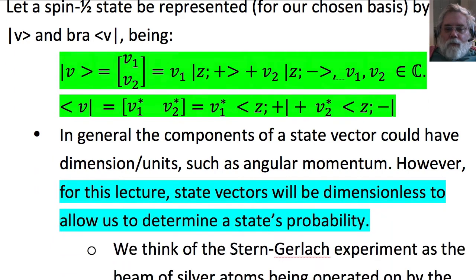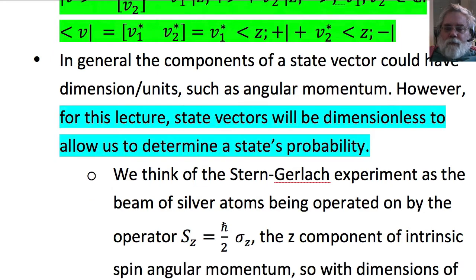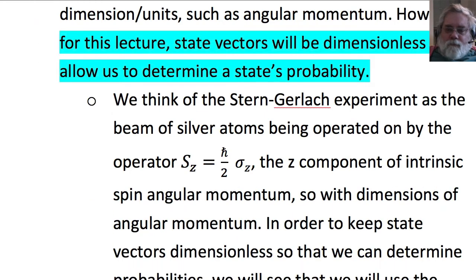In general, the components of a state vector could have dimensions in units such as angular momentum. However, for this lecture, state vectors will be dimensionless to allow us always to determine a state's probability. We think of the Stern-Gerlach experiment as the beam of silver atoms being operated on by the spin component operator S sub z, being h bar over 2 times sigma sub z, the Pauli matrix sigma z.